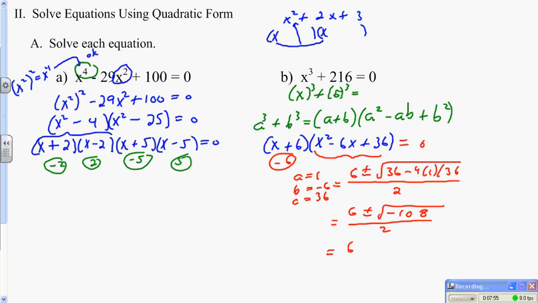So we have 6 plus or minus the square root of negative 108. As an i comes out, 108 can be considered 36 times 3, which means 6i is now on the outside and 3 on the inside.